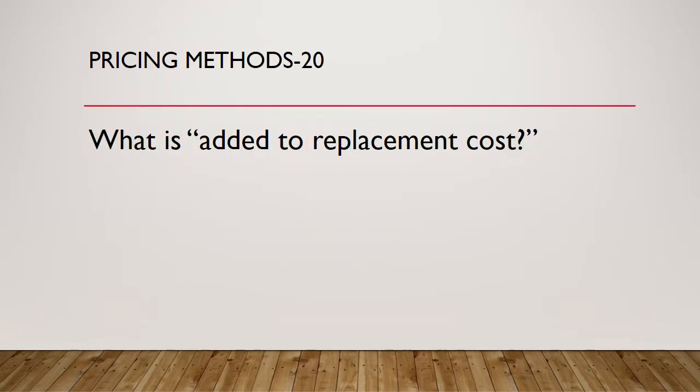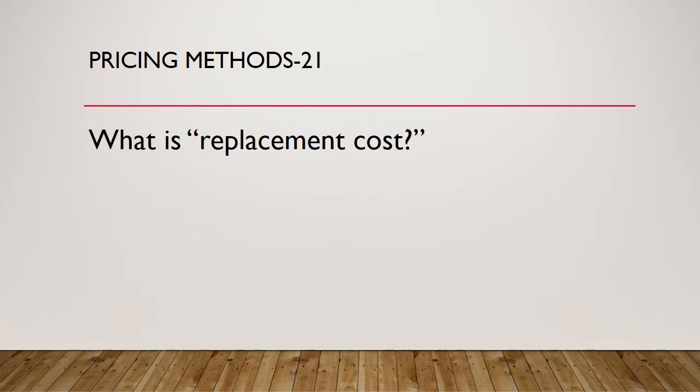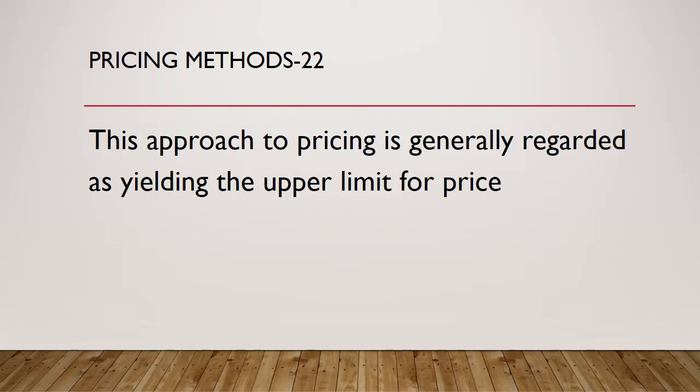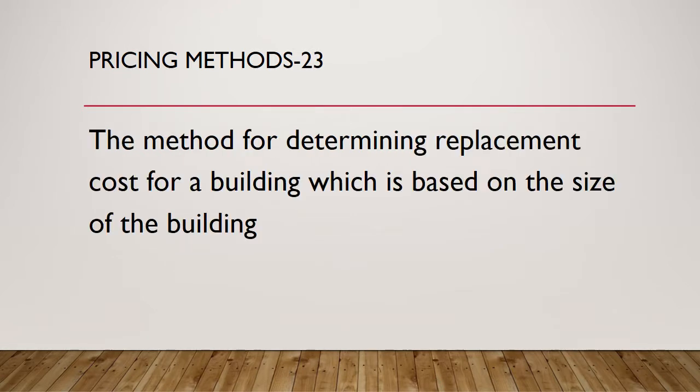What is added to the replacement cost? Question 21. The price of a property using a cost approach is computed by this minus depreciation plus land cost. What is replacement cost? Question 22. This approach to pricing is generally regarded as yielding the upper limit for price. What is cost approach?